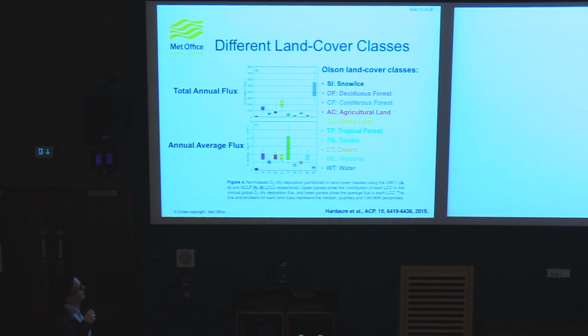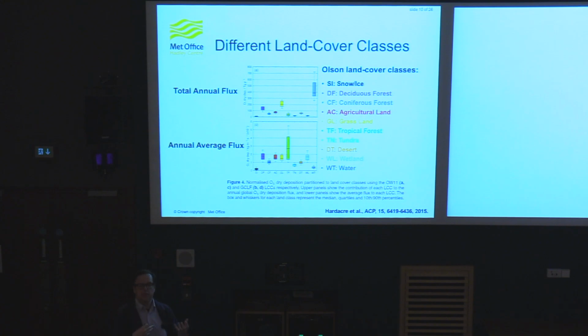So the most effective surface type or ecosystem in terms of removing ozone from the atmosphere are the tropical broadleaf forests. So the forests have these plants have a very strong exchange between the atmosphere and the leaf interior.